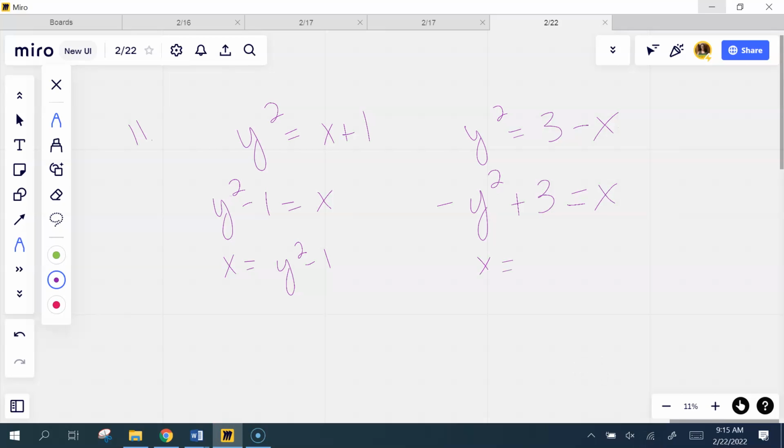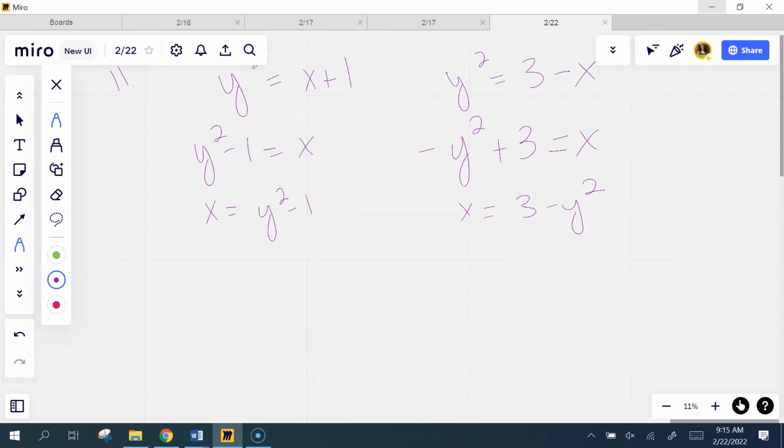Say that again, Lizzie. Oh, I got you. Yes. And you just had to do the right minus the left.